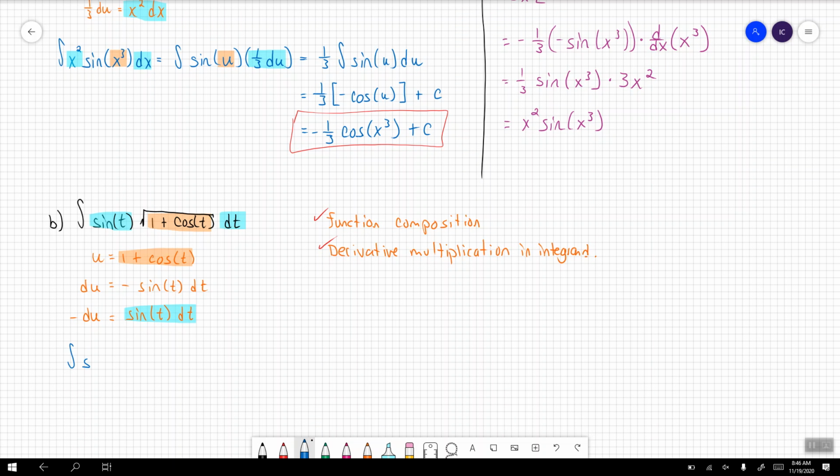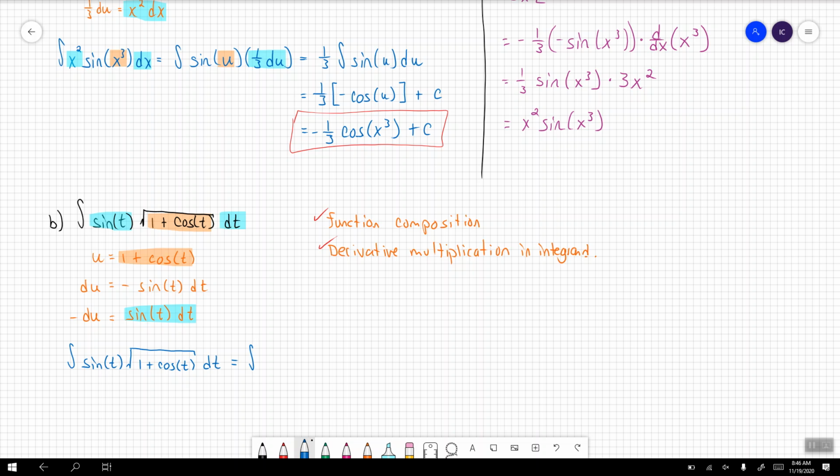The integral of sine t multiplied by the square root of 1 plus cosine of t dt is equal to the integral. Now remember, the square root function we're not touching at all.